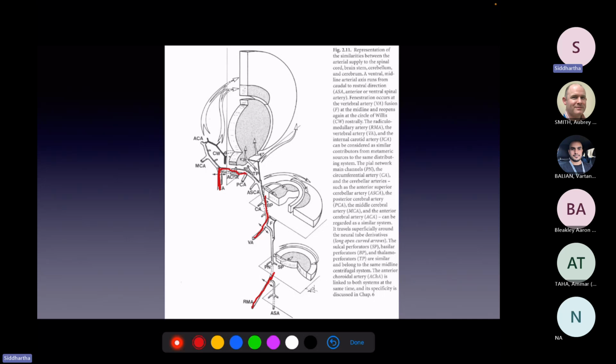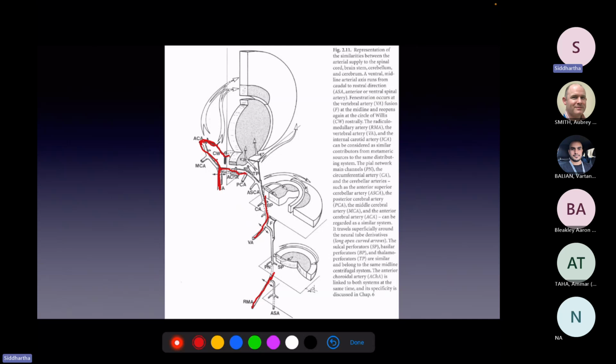That's the posterior division, that's the anterior division, and that's the anterior cerebral artery, which forms the limbic system. So I'm not going to go into all that, but we need to understand the basics: if we understand the spinal anatomy and the spinal blood supply, we can extrapolate that to the brain as well.